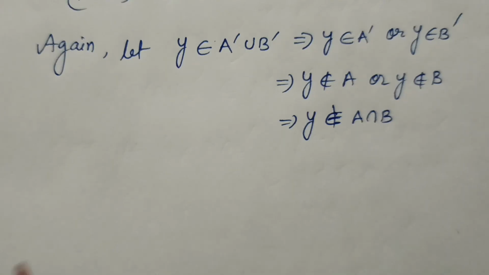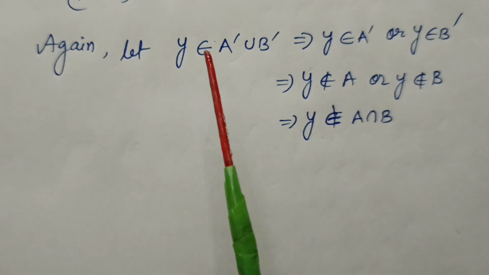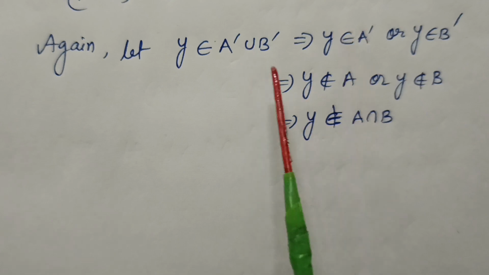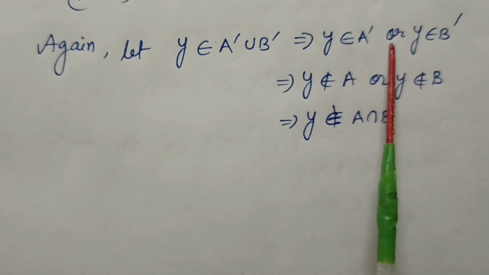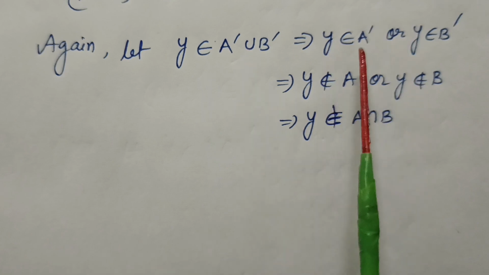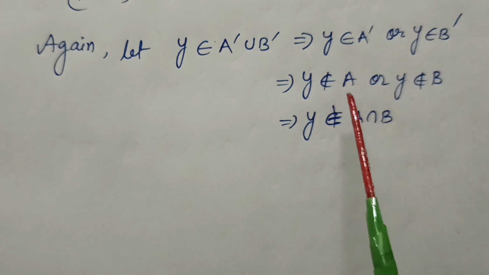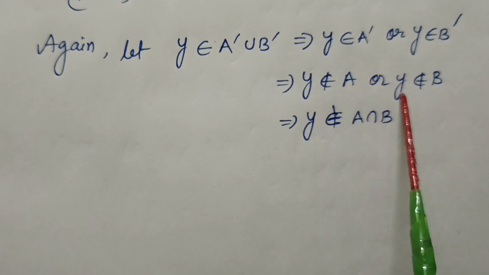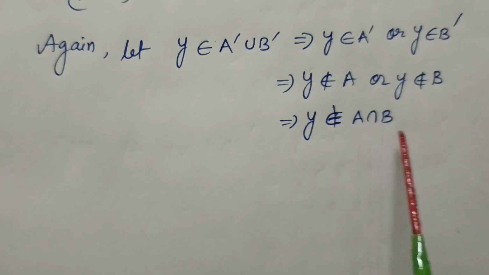Here is the reverse way. We took Y belonging to A complement union B complement. That means since it is a case of belongs to, this union is replaced by "or". Since Y belongs to A complement or B complement, that means Y will not be certainly in the set A or B. And since "or" is there and does not belong to, definitely we will go for intersection, and it is supported by the Venn diagram as we have seen.